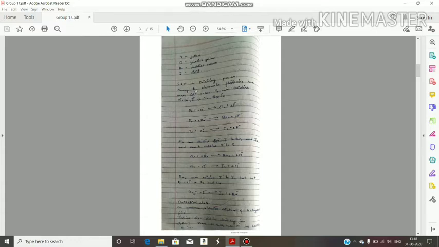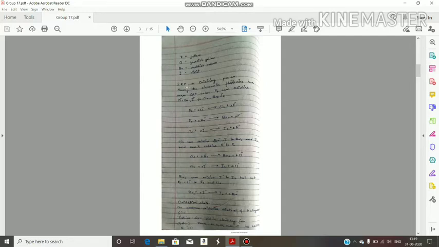Next, SRP, nothing but standard reduction potential, or oxidizing power. All these elements have more SRP values compared to other elements.